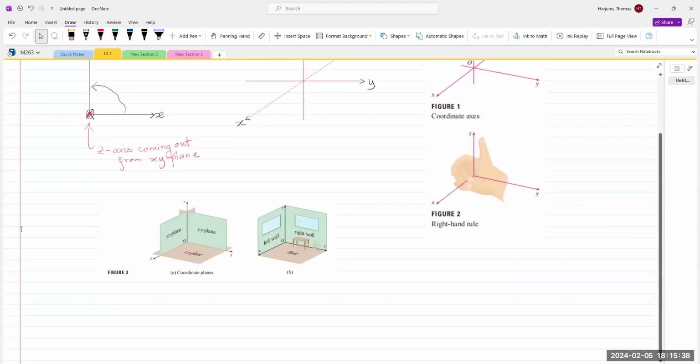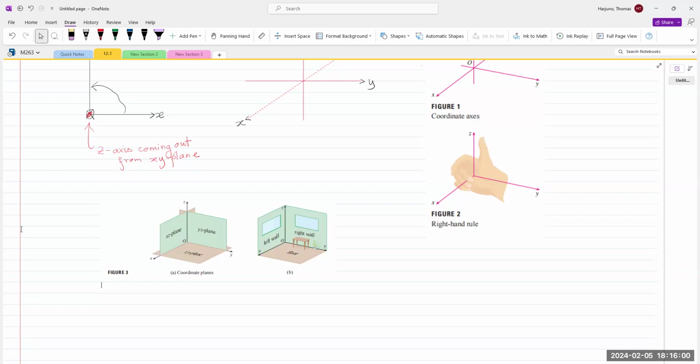Okay, take a look at figure number 3. Notice that the XY plane is what we call the floor, right? The XZ plane, we call the left wall. The YZ plane is the right wall.